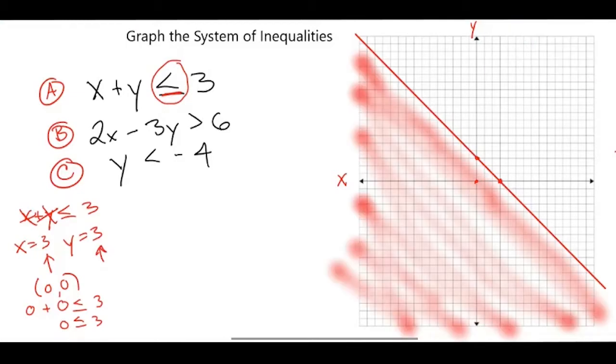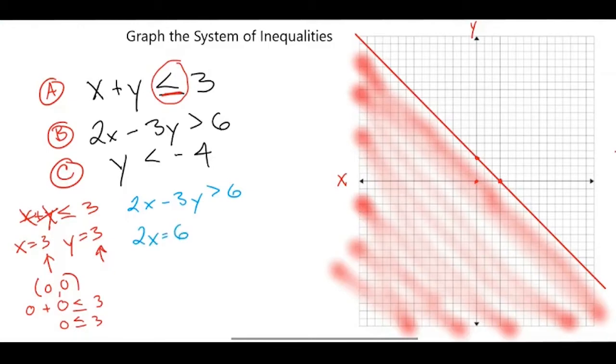All right, now I'm going to do inequality B. So that's 2x minus 3y is greater than 6. So in order to find my x-intercept, that's where y is 0. So I would cross off my negative 3y. So that means I have 2x equals 6.